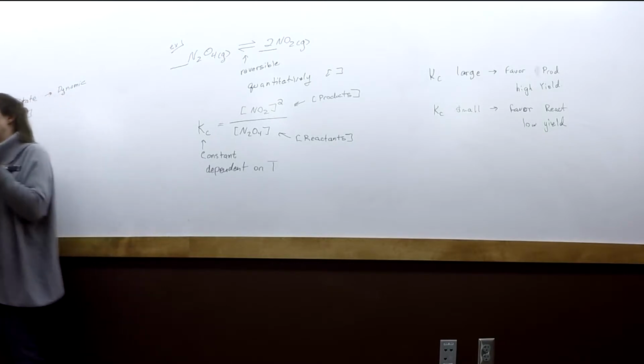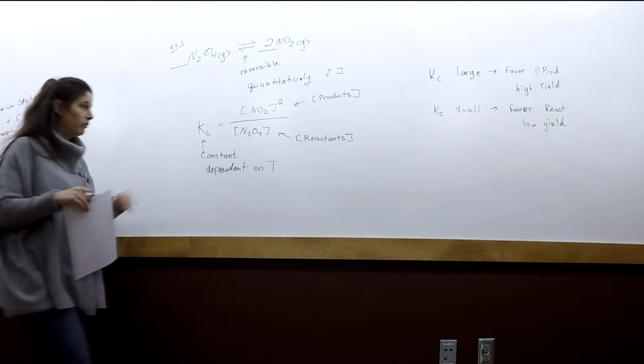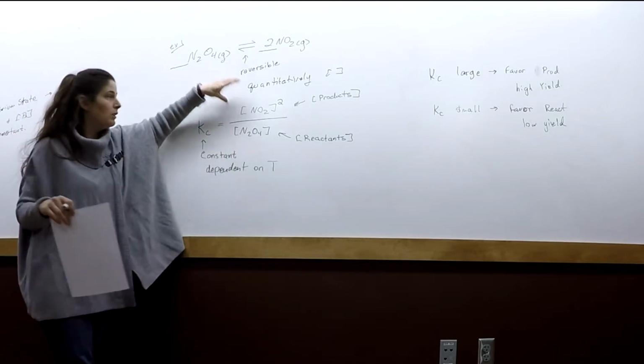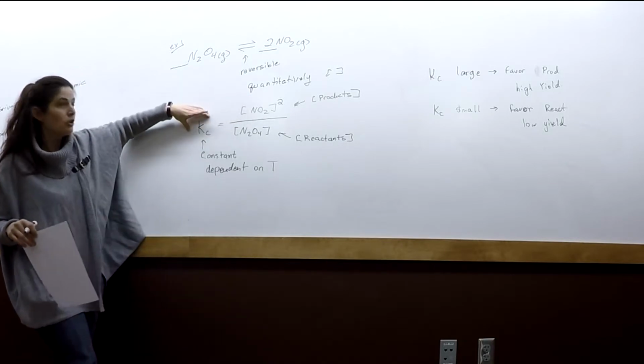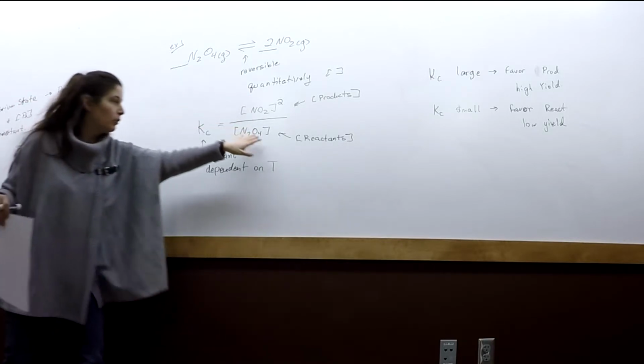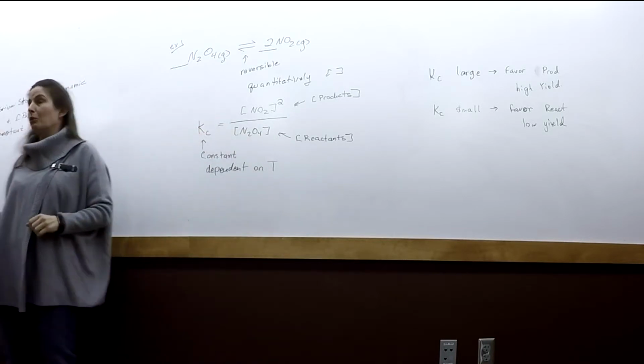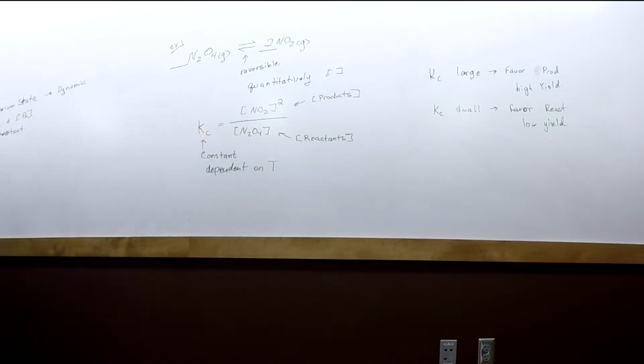I'll show you how to do that later on. But for now, just remember this is a ratio. If your product is higher, your Kc is higher. If your reactant concentrations are higher, your Kc will be lower, and you will get a lower yield. All right? So this is what we're looking for there.